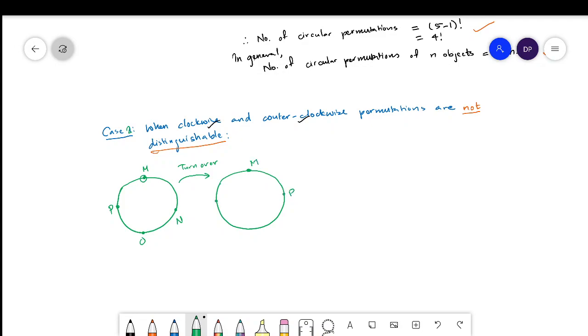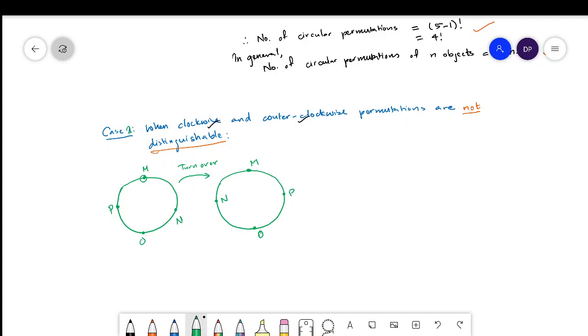This N will come here, and O will be here only. Now M, N, O, P is kind of a counterclockwise arrangement.